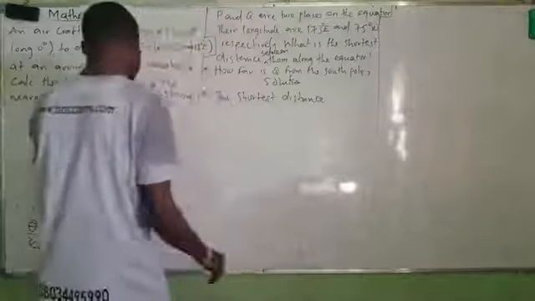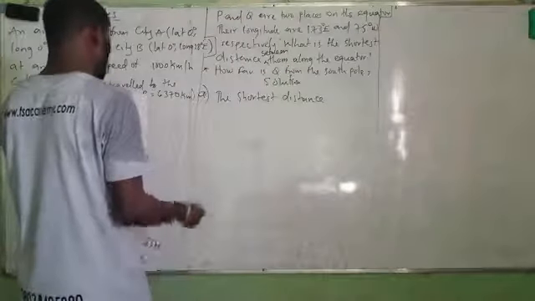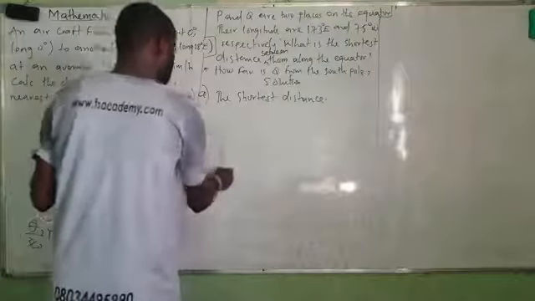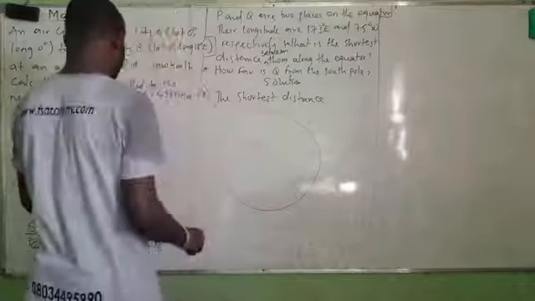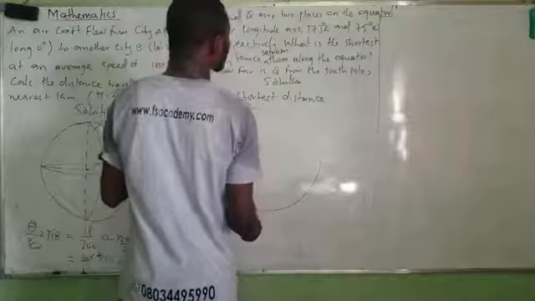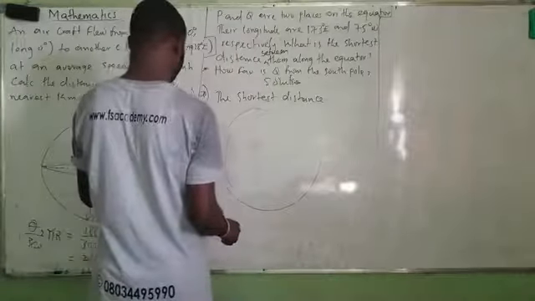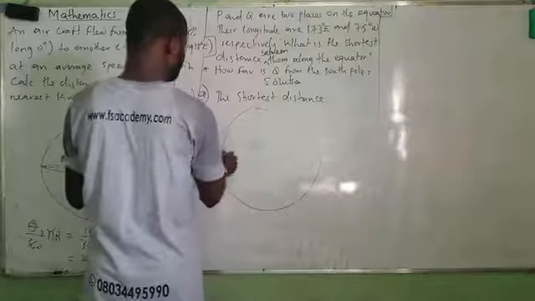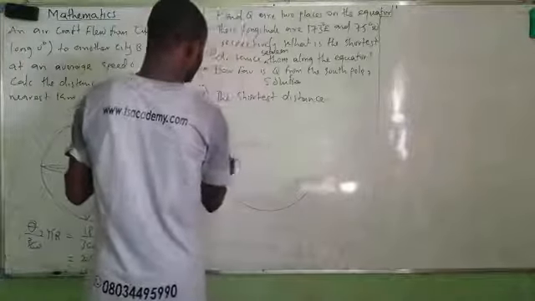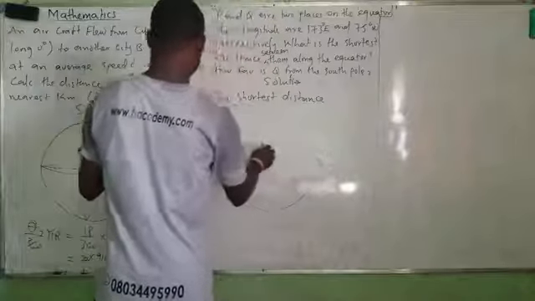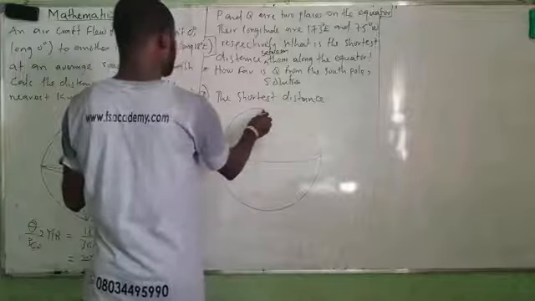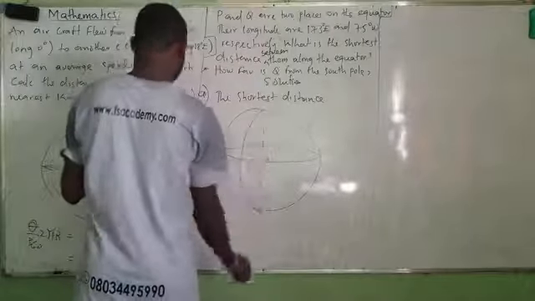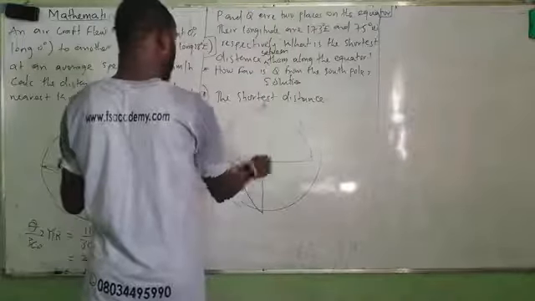Now, how do I get my shortest distance? What I just need to do, I will try as much as possible to draw. It's very important. That is my center, and now we are talking about north and south.